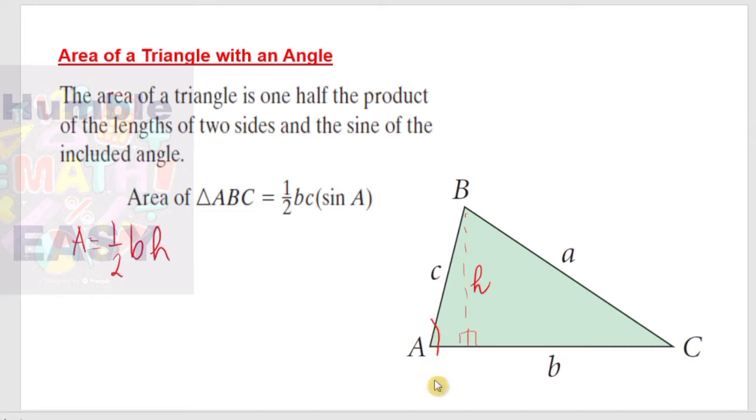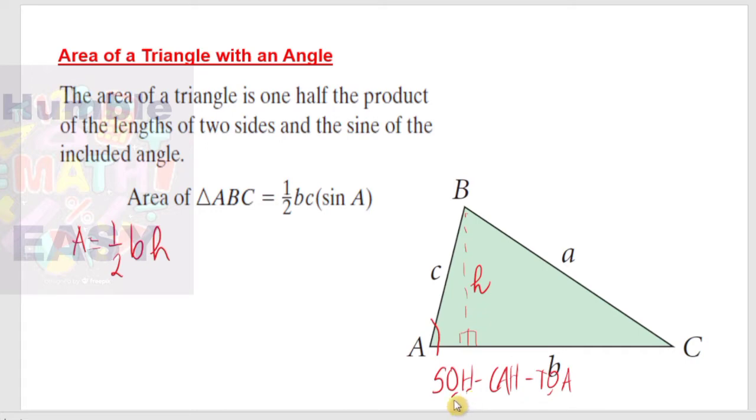From the SOHCAHTOA concept that you have learned previously, H is the opposite side of A, and C is the hypotenuse.